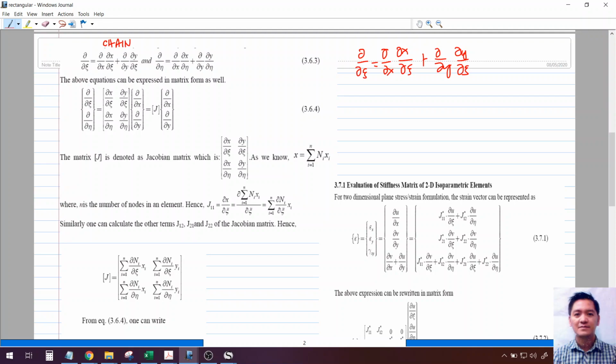That's why the chain rule applies. Cancel, cancel, cancel.